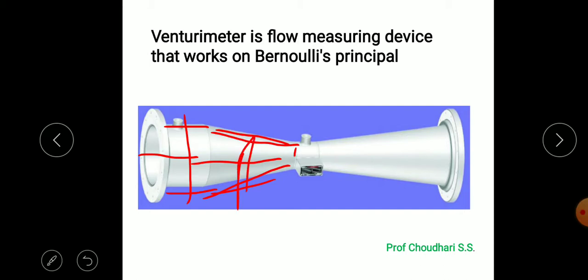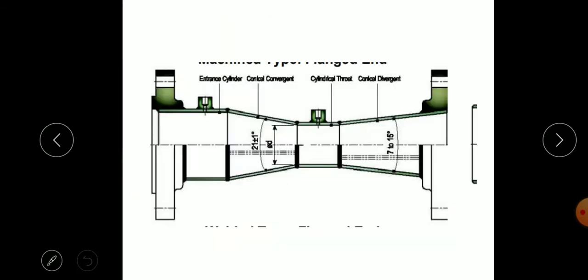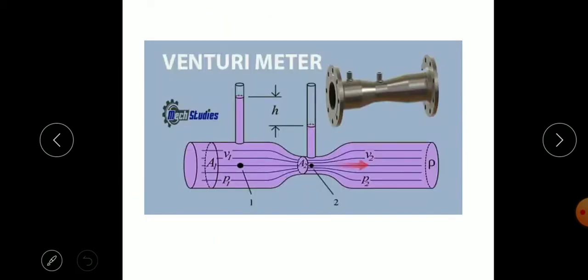At the end of the converging section, there is a uniform cross section, a small portion. This is called the throat. After the throat, again the diameter goes on increasing along the flow, and this part is called the divergent section.